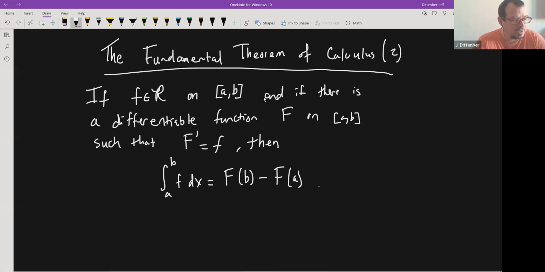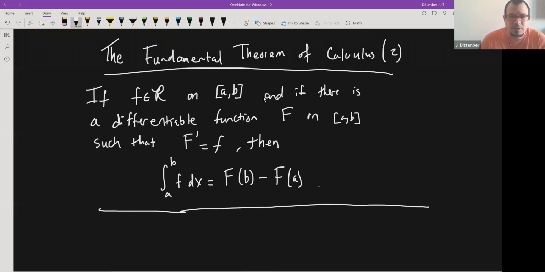And we're going to use the fact that if you have a Riemann-Stieltjes integrable function on an interval from a to b, then we can find some partition such that the upper sum minus the lower sum is less than epsilon. So let me write that down because maybe it will be more clear. Okay, so here's our theorem. We're going to make use of every piece of this theorem here in our proof.